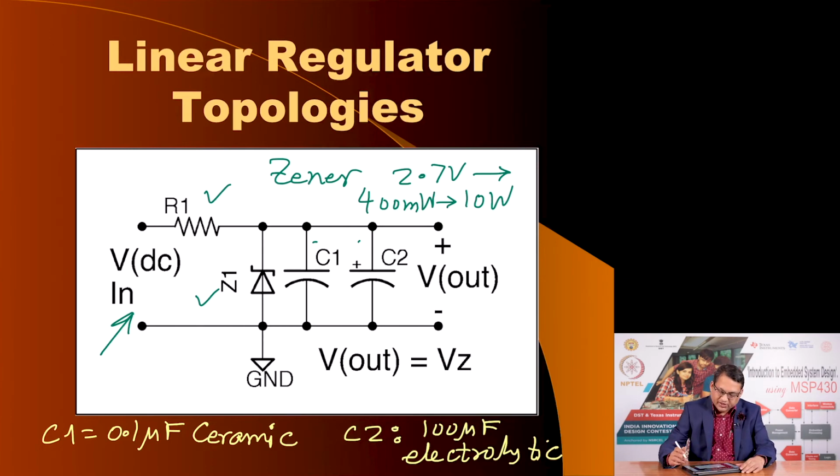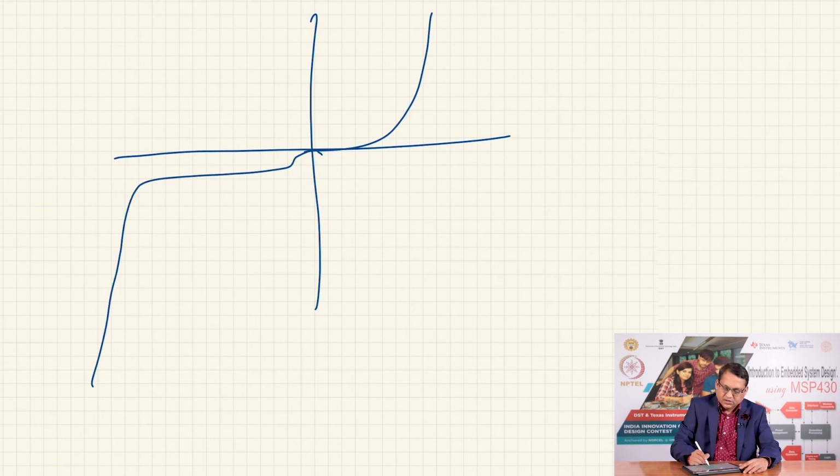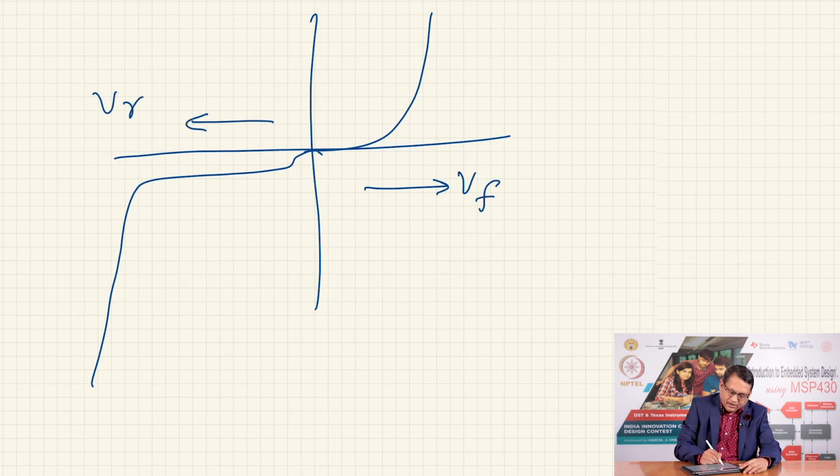Now, what is the problem with this power supply topology? It operates the Zener in the reverse region. So, this is the forward voltage Vf, this is the reverse voltage Vr, and this is the point where your Vz, the Zener principle, kicks in.